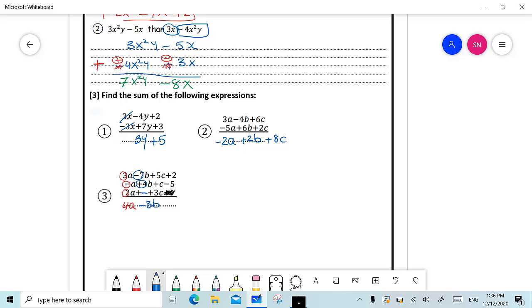And for c, I have positive 5 plus 1 plus 3, and this is equal to positive 9c. And for the absolute term, I have positive 2 plus negative 5, this is equal to negative 3.